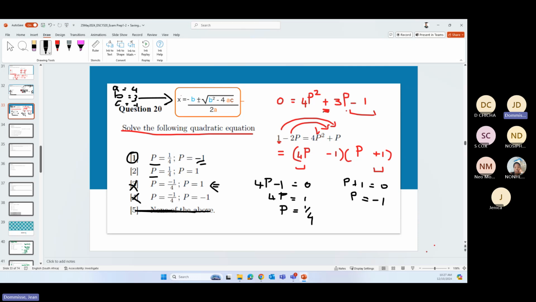So again, if you're not 100% sure how to factorize this, use this equation. You will get the same answer. So don't just guess. You can use this formula to get to the roots.